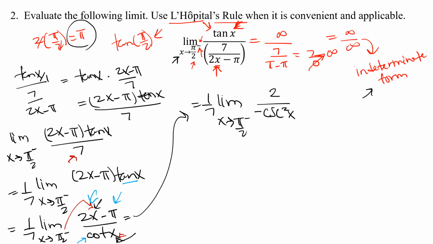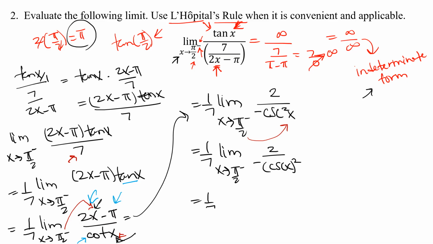Now that we found that derivative, let's go ahead and do our direct substitution. If you want, since we have that square in the bottom, you can rewrite that as cosecant x with the square on the outside. Let's apply our direct substitution.